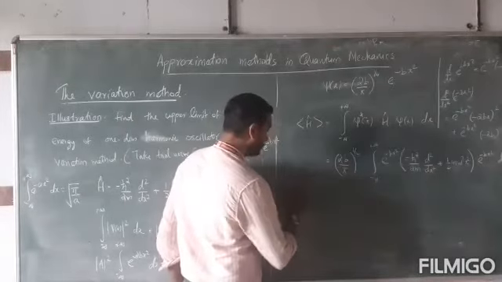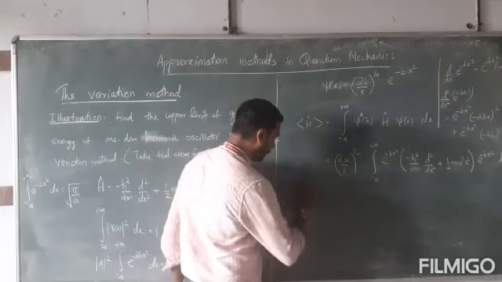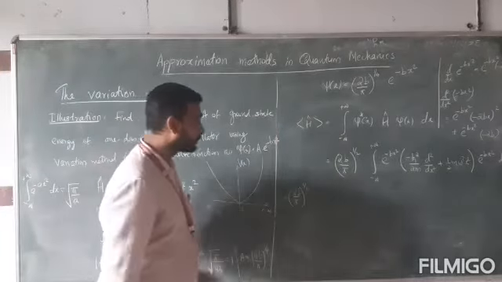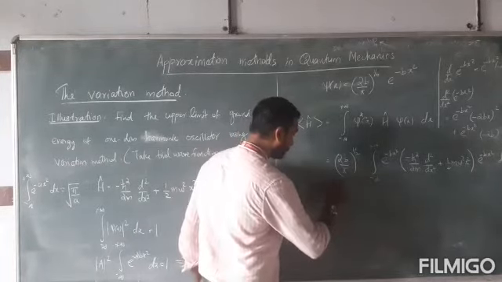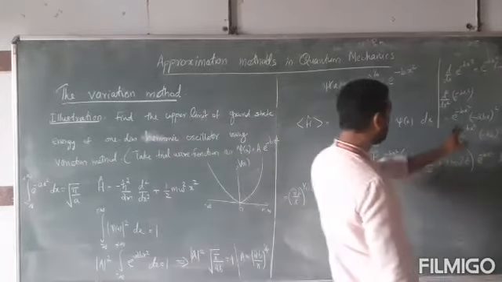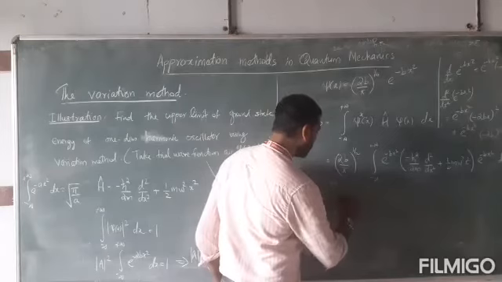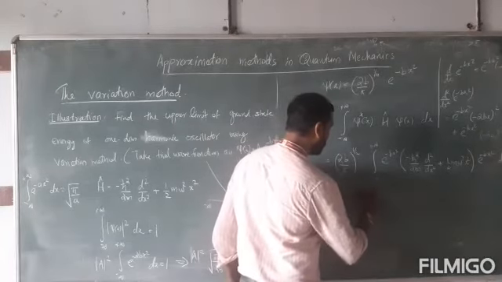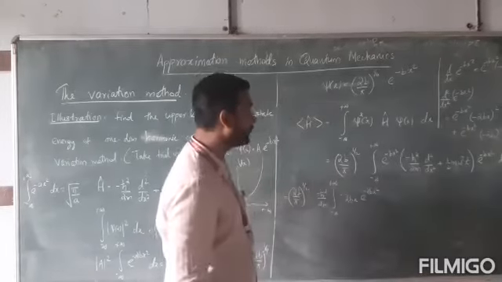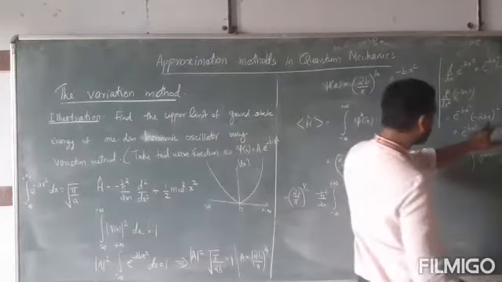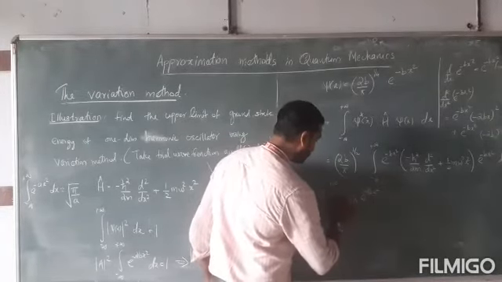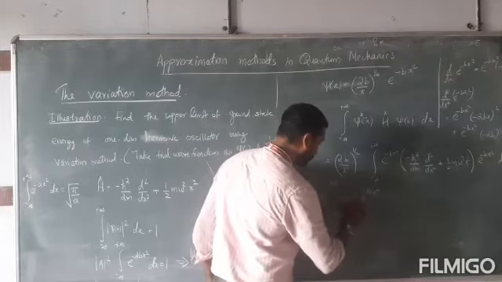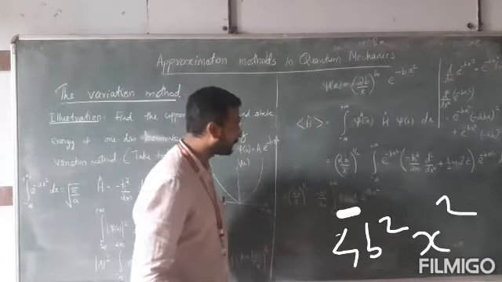This (2b by pi) raised to 1 by 2 can be taken commonly outside. The first term would be minus h bar square by 2m, integral from minus infinity to plus infinity of (minus 2bx) whole square, that will become plus 4b square x square, e raised to minus bx square dx.